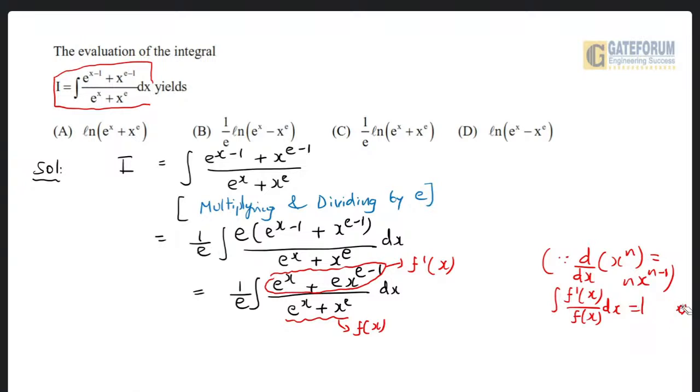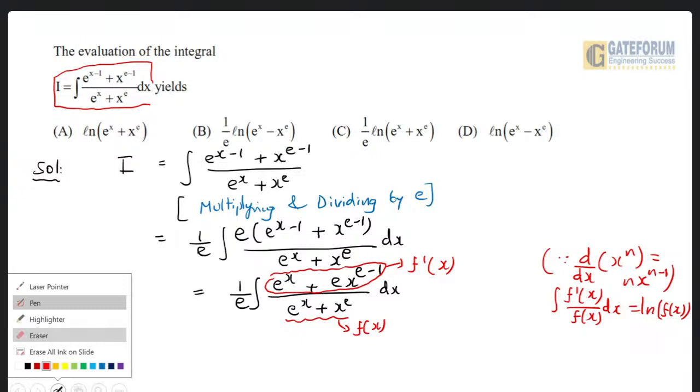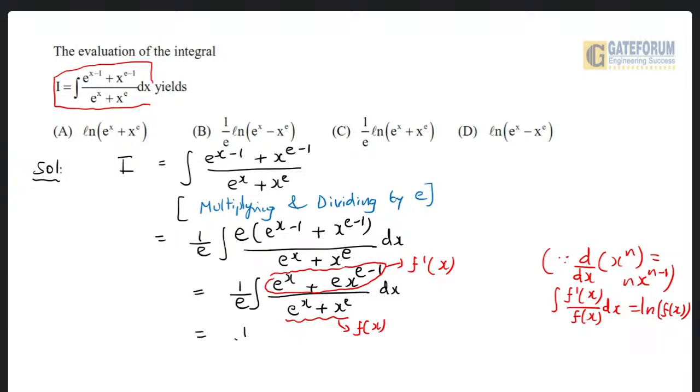So ln of f of x. Now finally the answer is 1 by e log of the denominator, e power x plus x power e. This is the solution. Accordingly, the option is C. This is the end of the question.